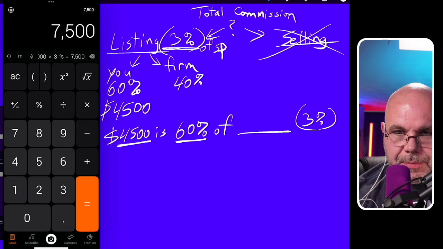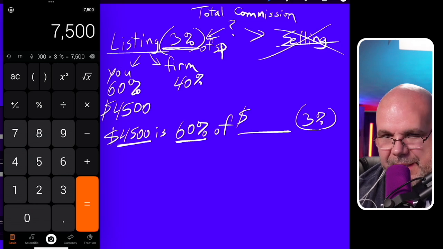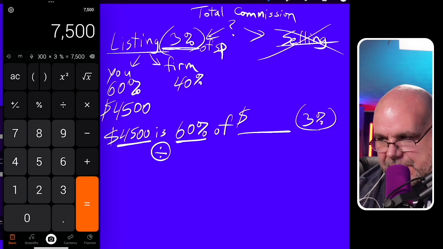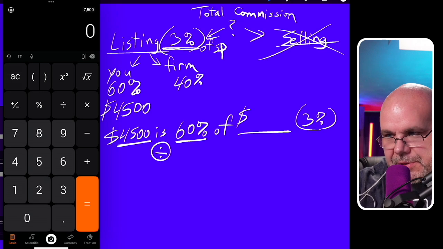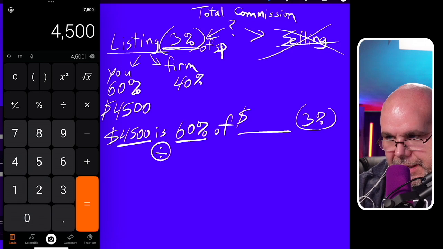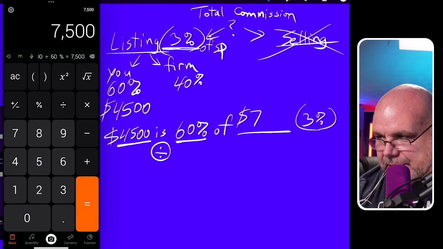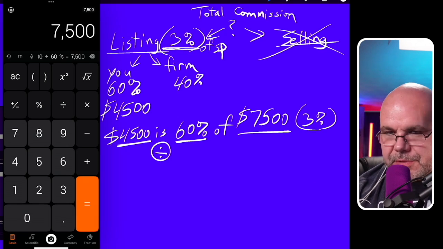We know it's 3% of the sale price, but we needed to know what the dollar amount is here. Does this look familiar? Replace the word "is" with a division symbol, just like in that last problem we did. And now we just plug in numbers to the calculator. 4,500 divided by 60 and the percent sign is $7,500.